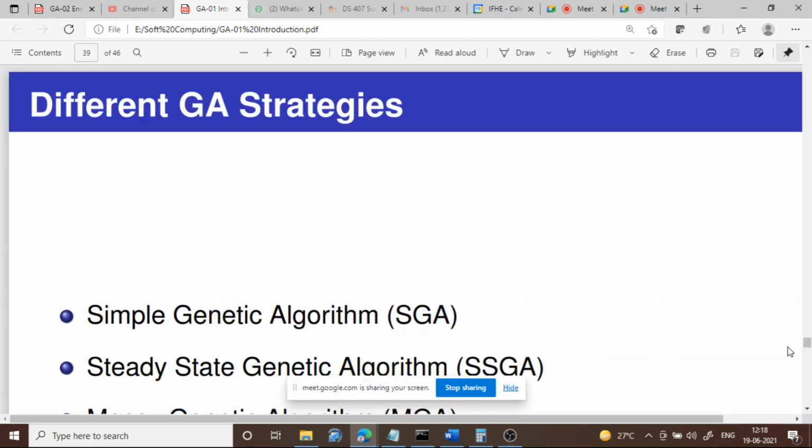Not only genetic algorithm, there are different types of algorithms. Some of these algorithms were inspired from biological processes, and some from physical processes. The other algorithms include fuzzy logic, particle swarm optimization, ant colony optimization.